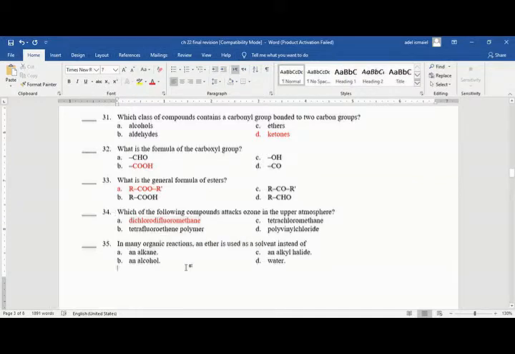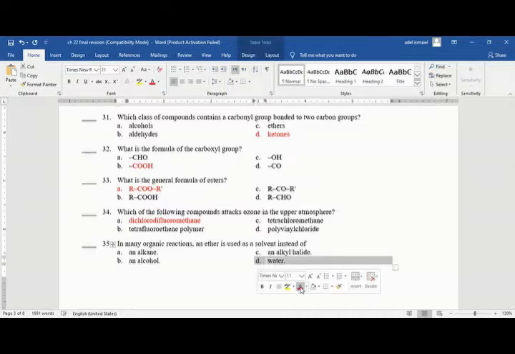In many organic reactions, an ether is used as a solvent instead of, of course, water. You know that water is a common solvent in our life because thousands of solutes dissolve in it. So instead of water, we use ether because not all solutes dissolve in water.